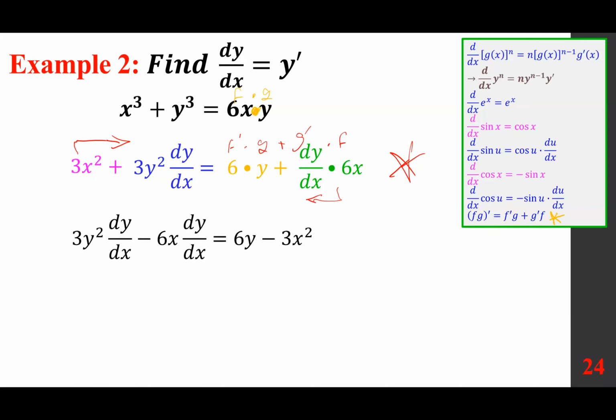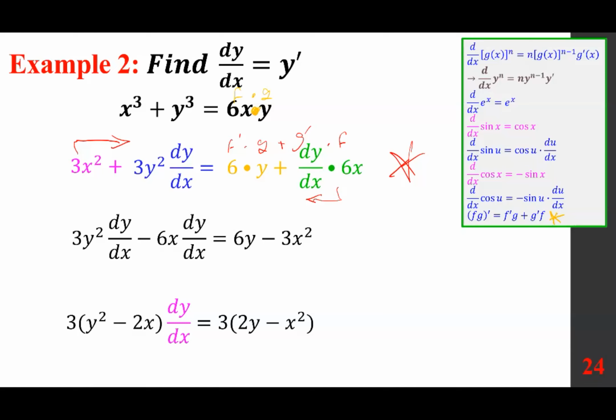So if I factor out the dy dx, also I notice there is a common factor of 3, which means now we have 3 times y squared minus 2x times dy dx. Again, we are just simply factoring everybody. On the right side, there is also a common factor of 3.